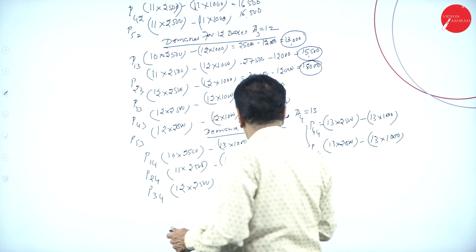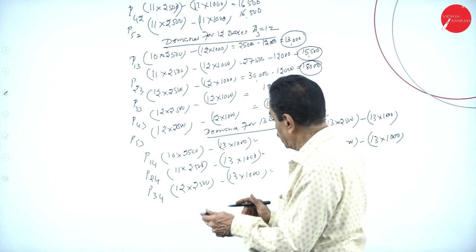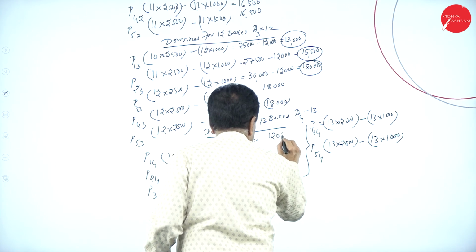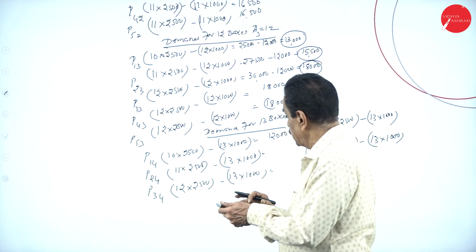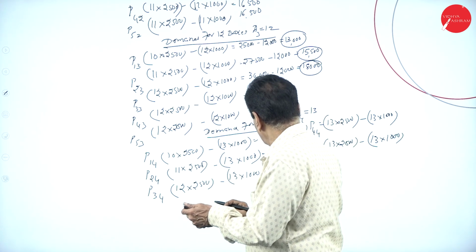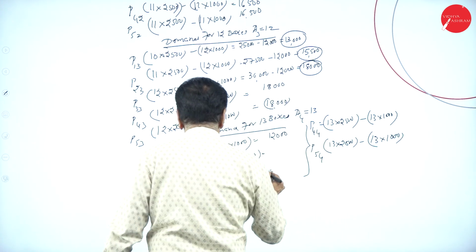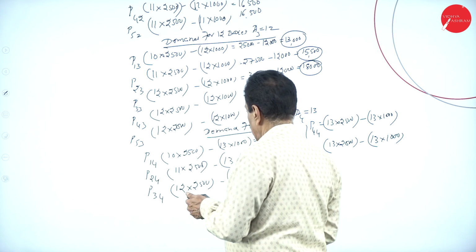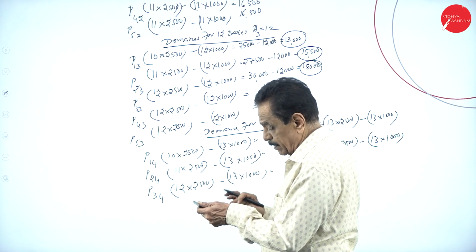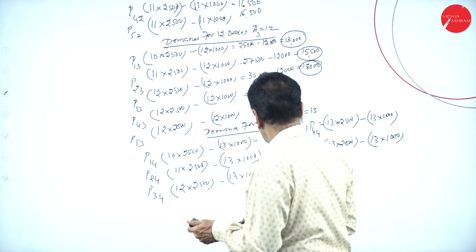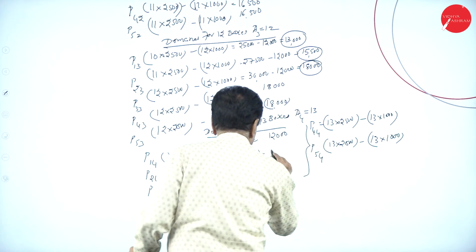Slowly. 25,000 minus 13,000 is 12,000. Then 11 into 2,500, 27,500 minus 13,000, 14,500.